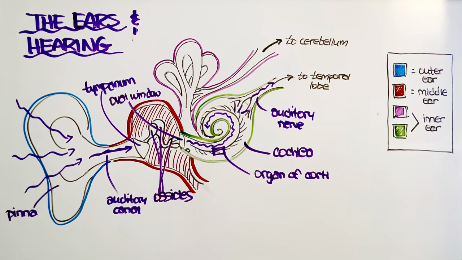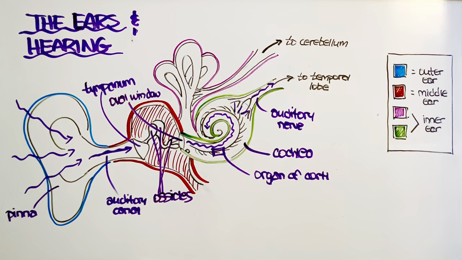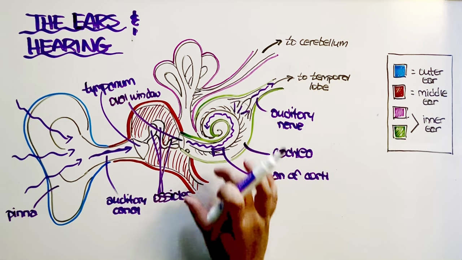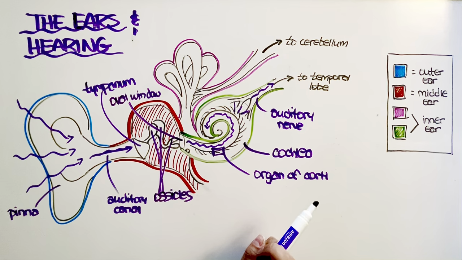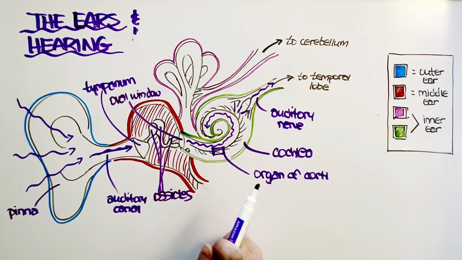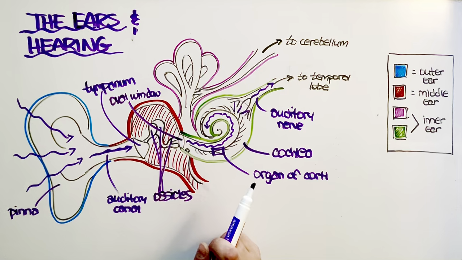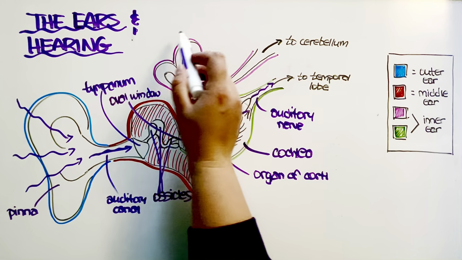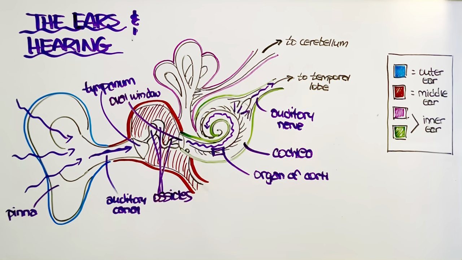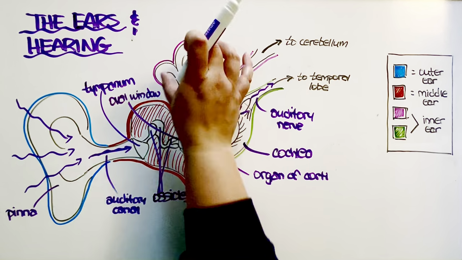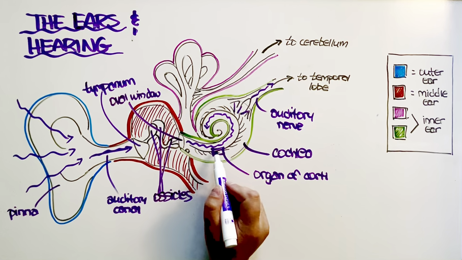Now, because those hair cells activate in response to changes of pressure, they are referred to as mechanoreceptors. And mechanoreceptors are actually found in one other location in the inner ear, and that is these structures here, known as the semicircular canals.